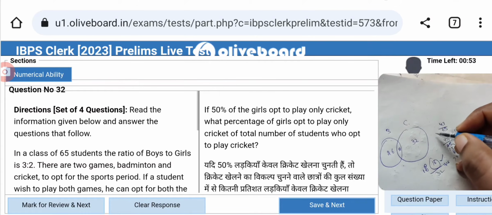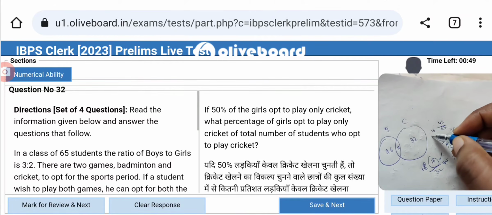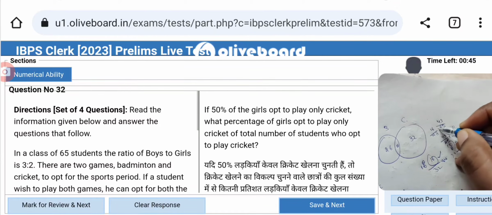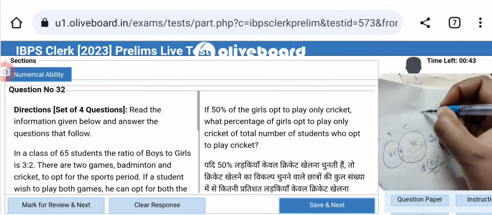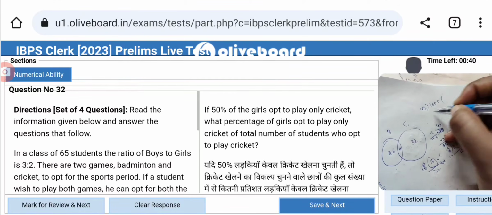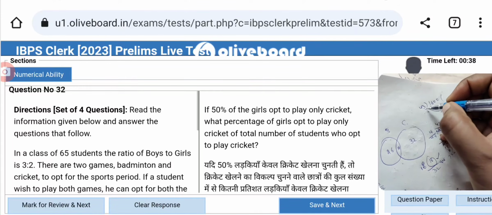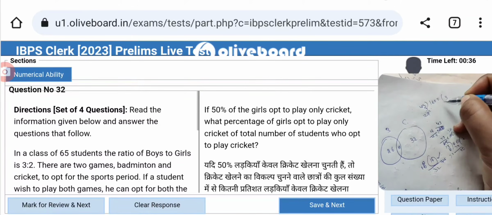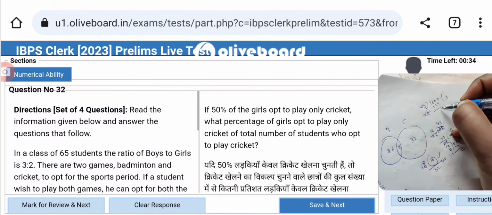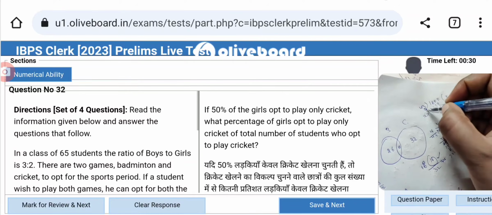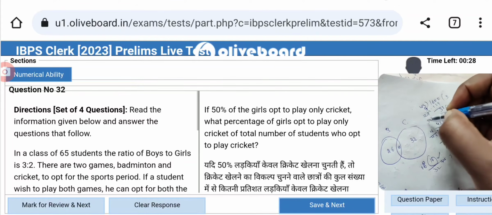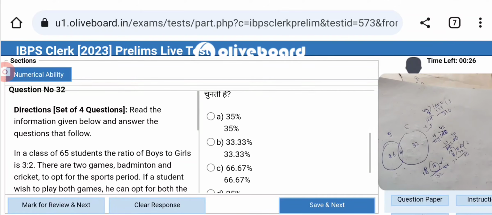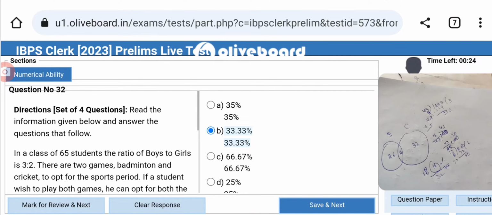Only cricket. Total number of students who opt. So 43, 1600. Is 30.